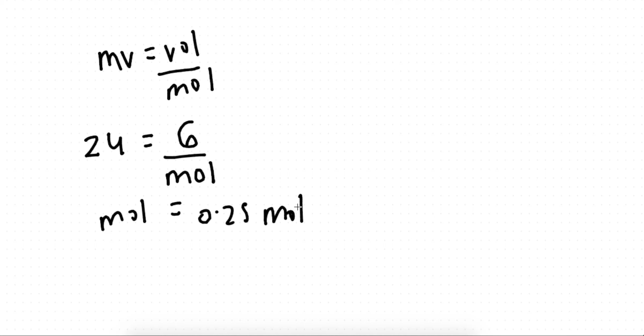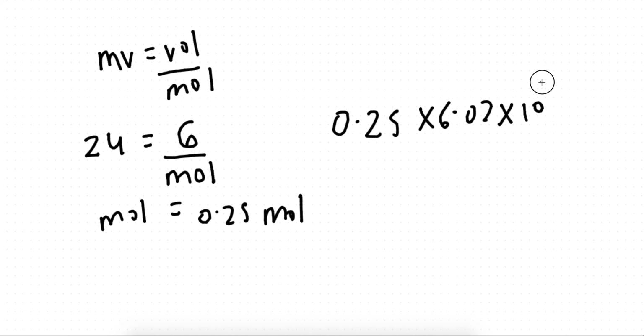We've obtained the number of moles. We want to get the number of hydrogen molecules. So moles times the Avogadro constant, which is 6.02 times 10 to the power of 23. That's it. 1.505 times 10 to the power of 23 molecules.